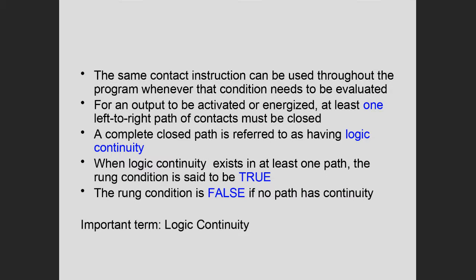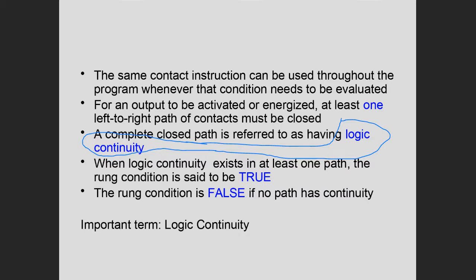Now, this term right here is actually quite important: logic continuity. Electrical continuity means there's a continuous path through which current can flow. Logic continuity means there's a continuous set of true statements across a rung.